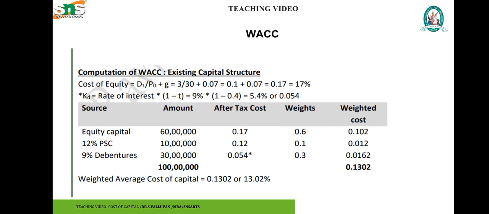So we multiply the after tax cost with weightage, and we get the answer. For equity capital it is 0.102, for preference share capital it is 0.012, for debentures it is 0.0162. The weighted average is 0.1302. The weighted average cost of capital is 0.1302, or if you multiply it by 100 we get the percentage. 13.02% is the weighted average cost of capital. Thank you.